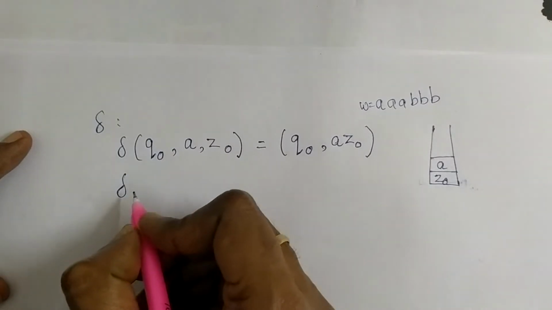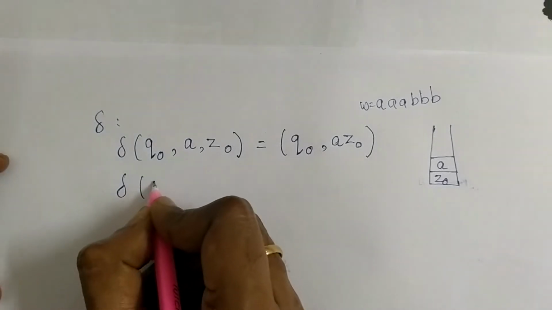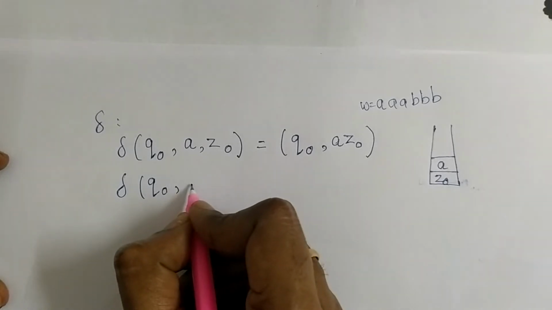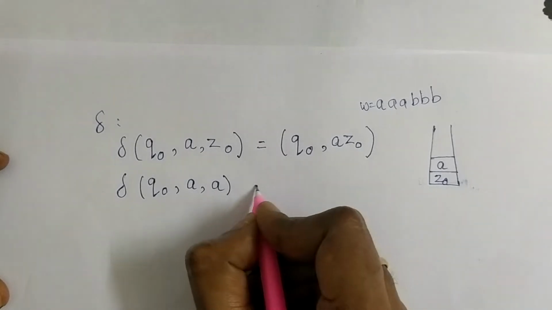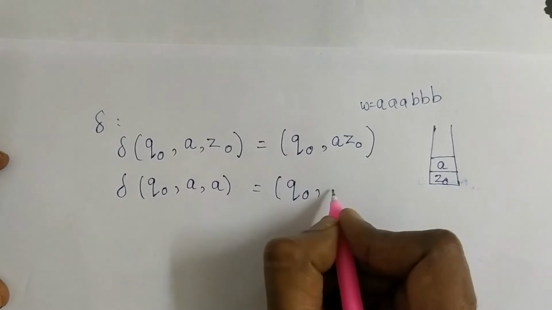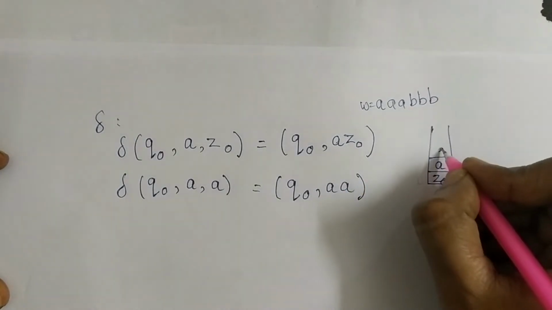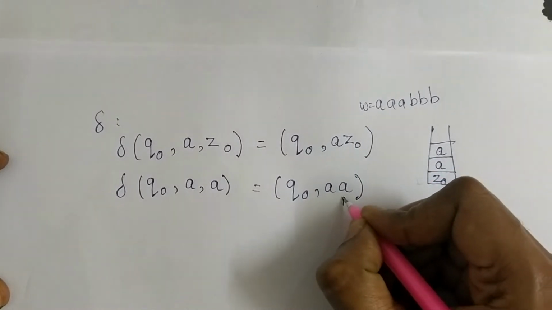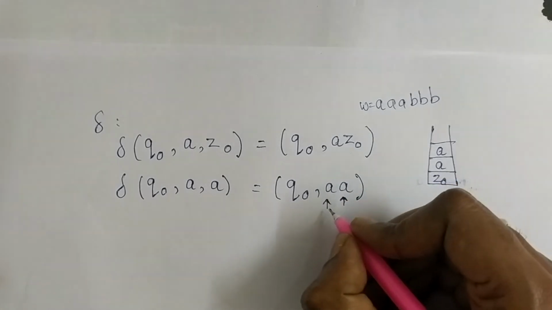From the transition diagram also we can write this. Next, it is in Q0 only, and again the input symbol is A, and what is on the top of the stack? It is A, so it goes to the same state Q0, and A will be in the stack, that is the top of the stack, the previous top of the stack, and the input that is pushed.